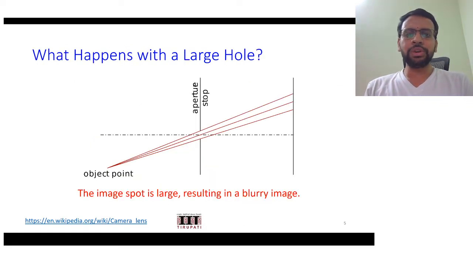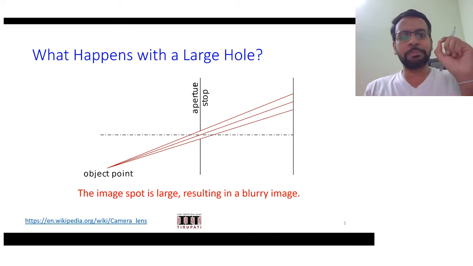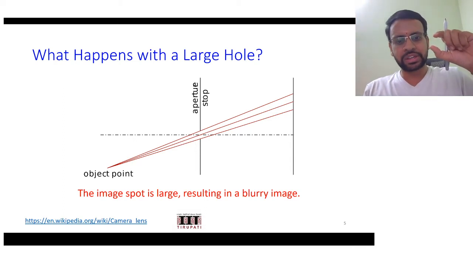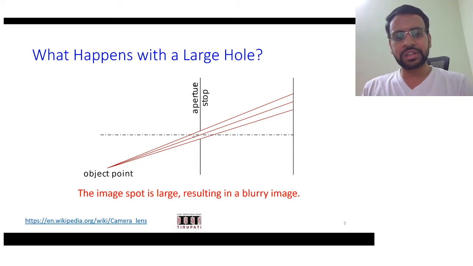Then we discussed what happens if your pinhole camera is not really a pinhole, not just a single point, but has some length. We discussed that if the opening is large, an object point here contributes to multiple locations on the screen, more than one sensor location.